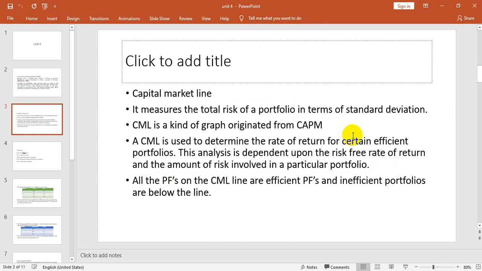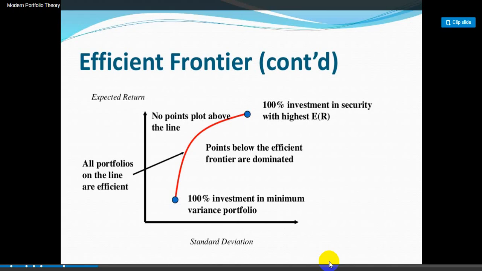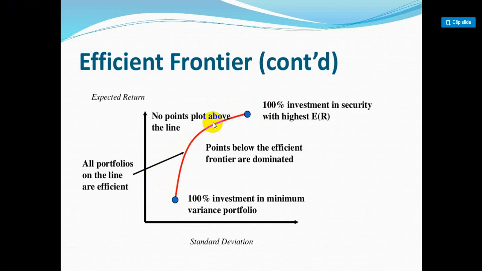Now just a second, I'm going to show you the graph. If you see this line, this is a capital market line where all the efficient portfolios are plotted with a level of risk and return as such. So that is nothing but a capital market line.